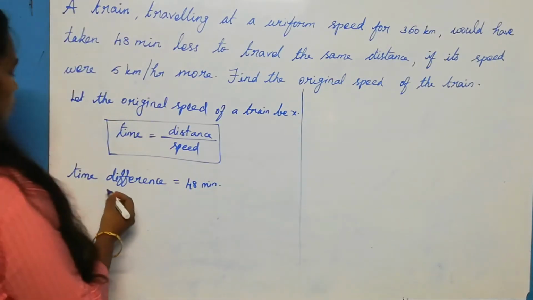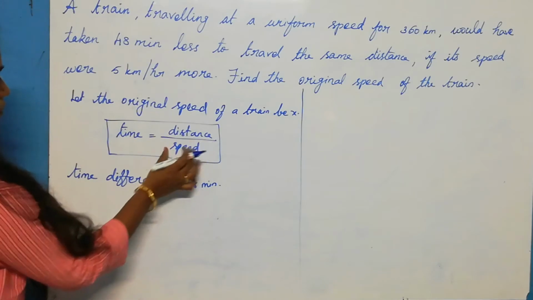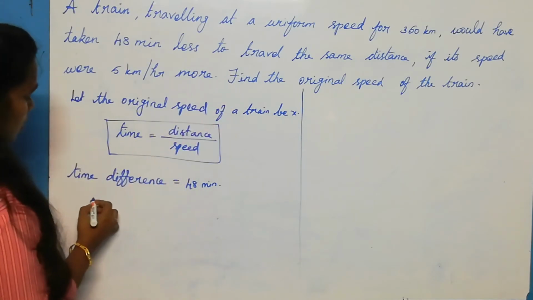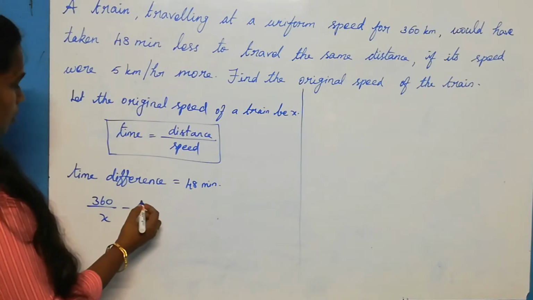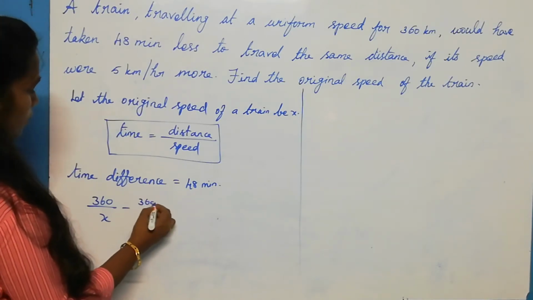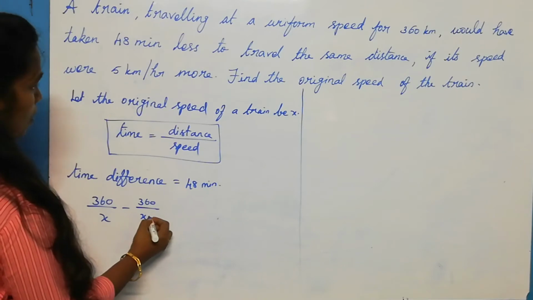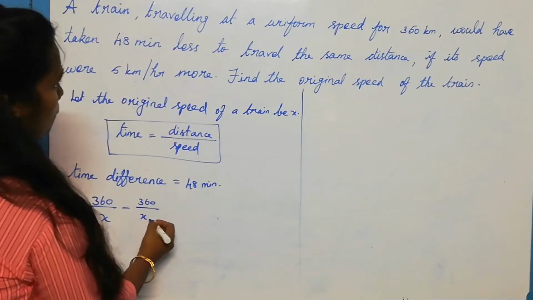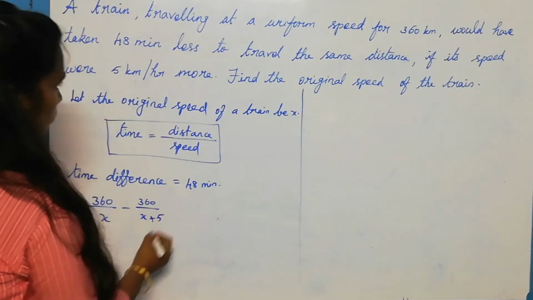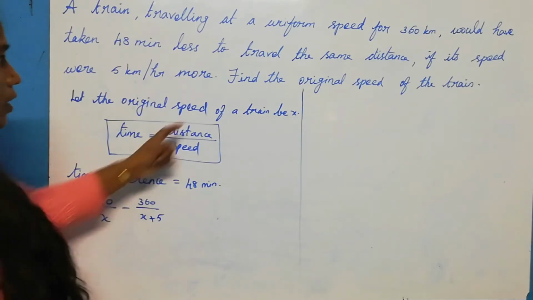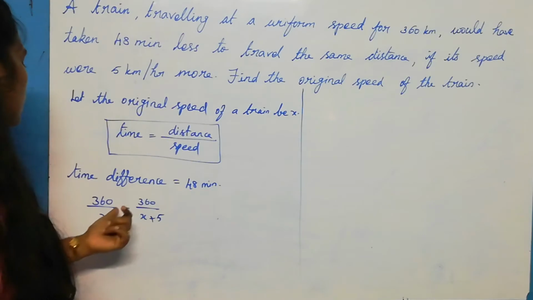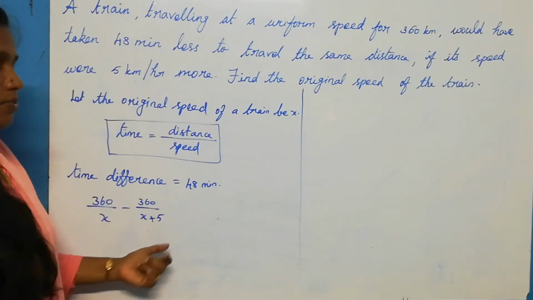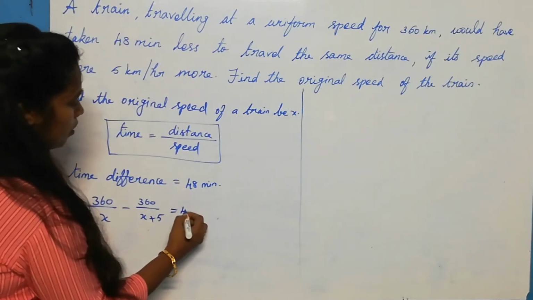So time difference, that is distance by speed, 360 by x minus 360 by x plus 5. Okay, so here if its speed were 5 km per hour more, therefore 360 divided by x plus 5, that is equal to 48 minutes.